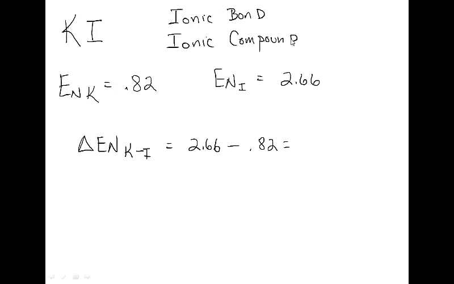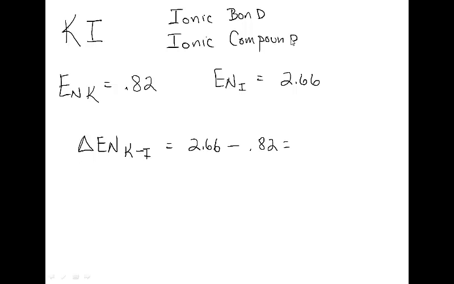Now, given the electronegativities of potassium and iodide, there's going to be a small discrepancy. If you do the difference in the electronegativities, and they have to be given, again, you will never memorize all these electronegativities. It's impossible. They will have to be given to you.